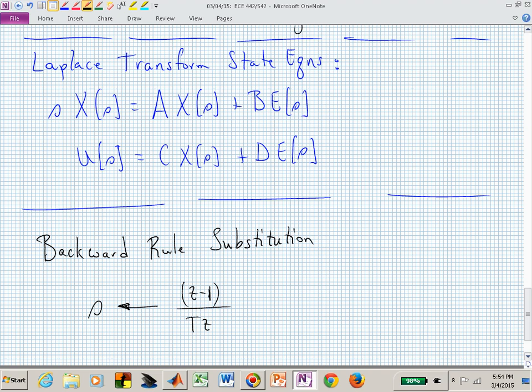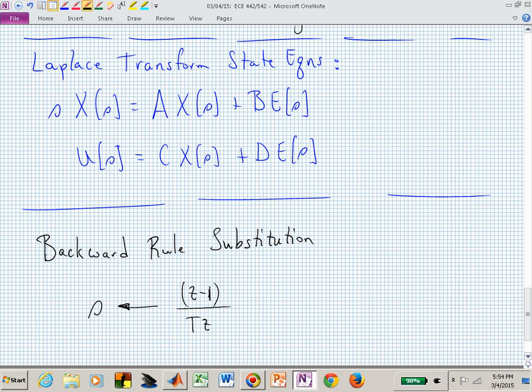Now can you use that to go back into the time domain eventually in the discrete setting with state space matrices? That's the hint. That's the map. Using this substitution, now that we've Laplace transformed those equations, use this. Now you're in the z domain.